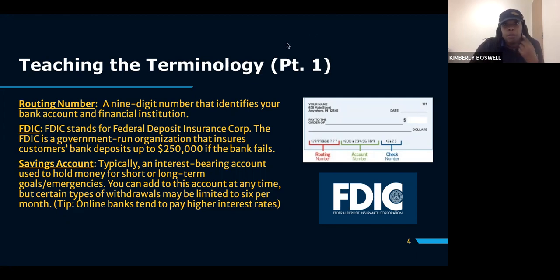What that means is that the banks have to perform regular stress tests, and they have to undergo a series of financial exams to make sure that they are financially sound, and they need to keep a certain level of reserves, or backup cash, just to make sure that all their depositors' needs can be met. So we've been through the routing number, the FDIC and their function.